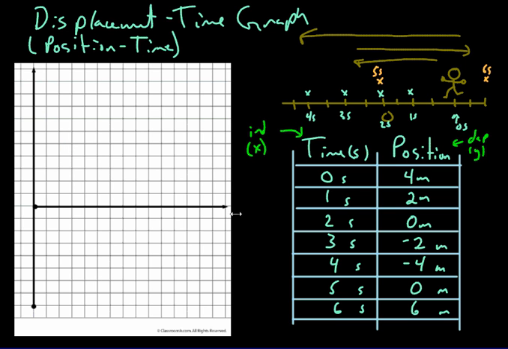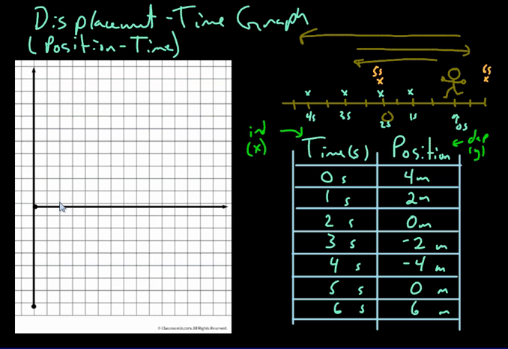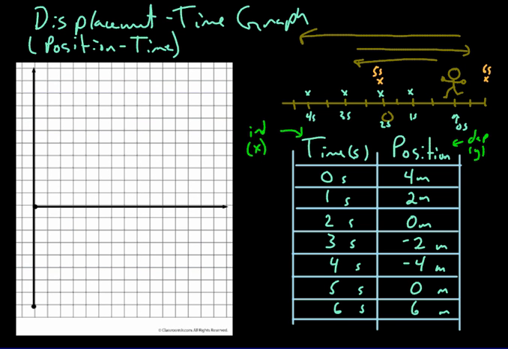So we have 14 spaces, but only 6 numbers to cover. So I'm going to space this out in such a way that we use most of the x-axis. So we're going to go every 2.